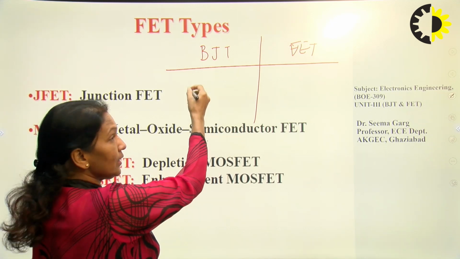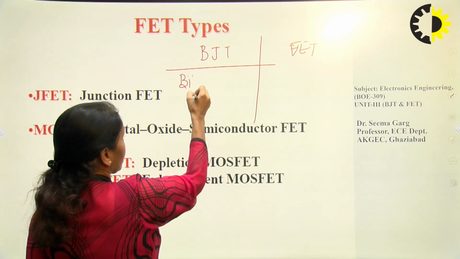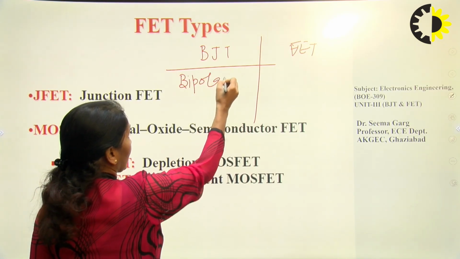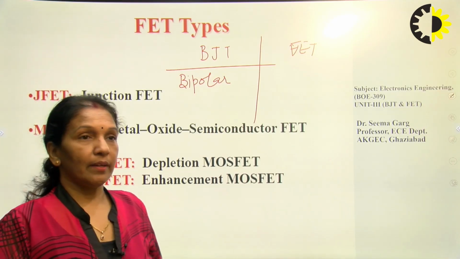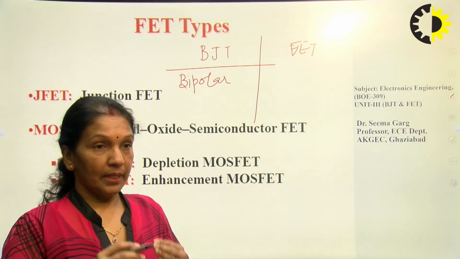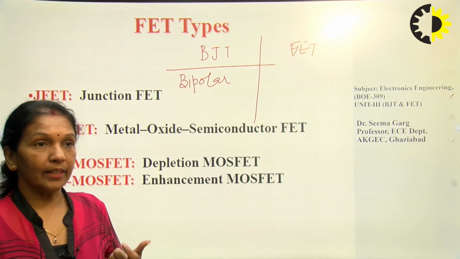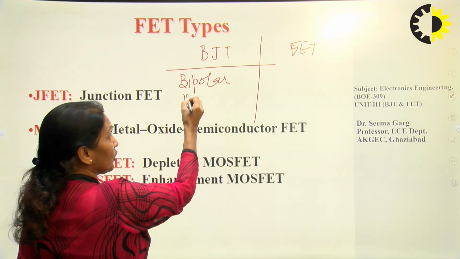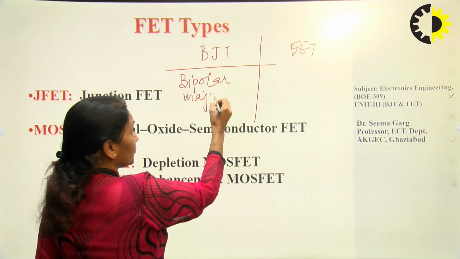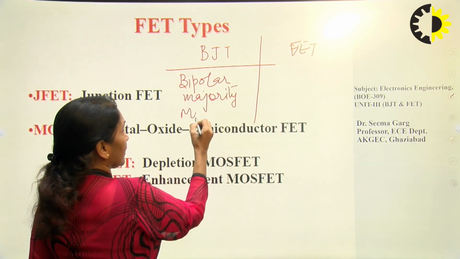So the bipolar junction transistor, as we have already discussed, is a bipolar device. What do we mean by a bipolar device? A bipolar device is a device in which the current conduction takes place by 2 types of charge carrier, that is the majority charge carrier and minority charge carrier.